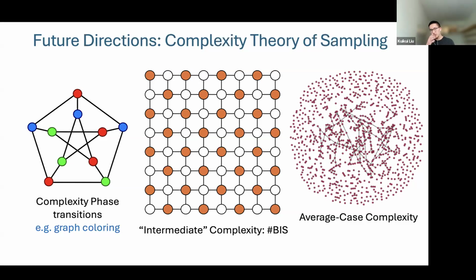There are also problems that, at the moment, are believed to be of intermediate complexity, such as counting and sampling independent sets in bipartite graphs. And there are also many questions on average case complexities. So for random instances, let's say on random graphs, what is the complexity of sampling, let's say, a coloring or an independent set?